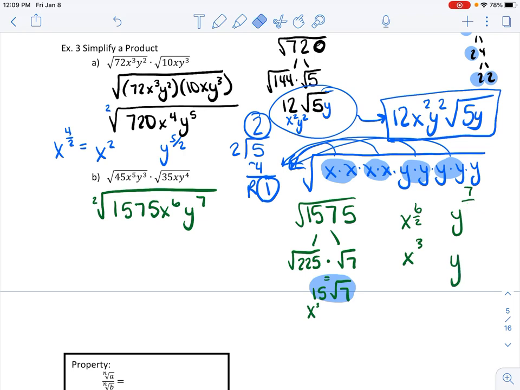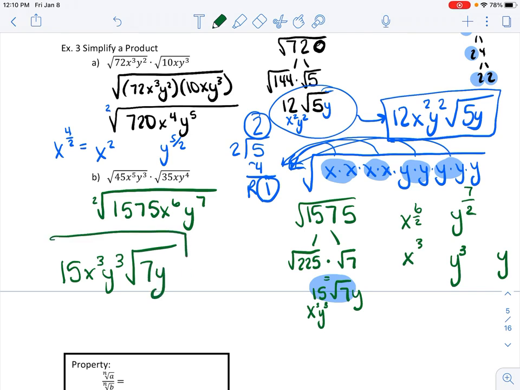Oops, sorry, this should be a 2 here. Getting ahead of myself. Y cubed with 1y left over. So y cubed is also on the outside with a y left over, so I can rewrite this as 15x cubed y cubed square root 7y.